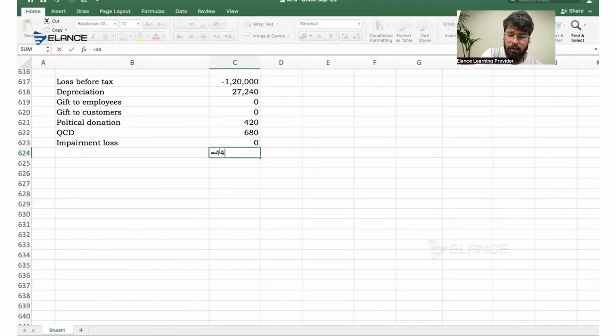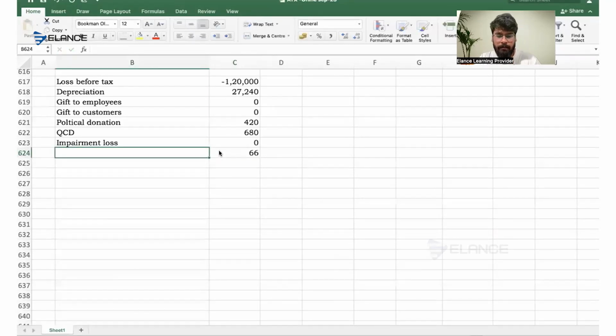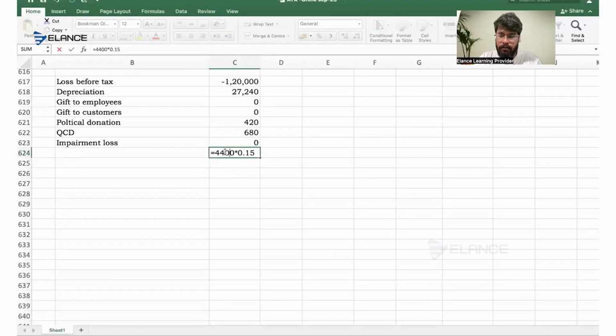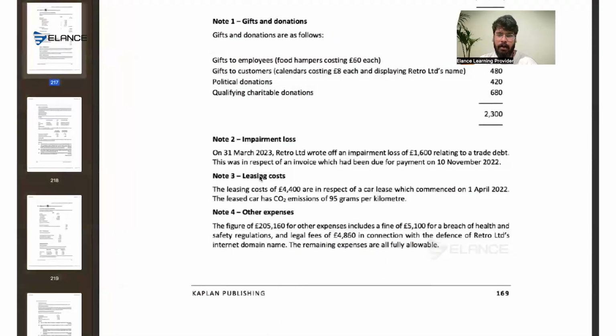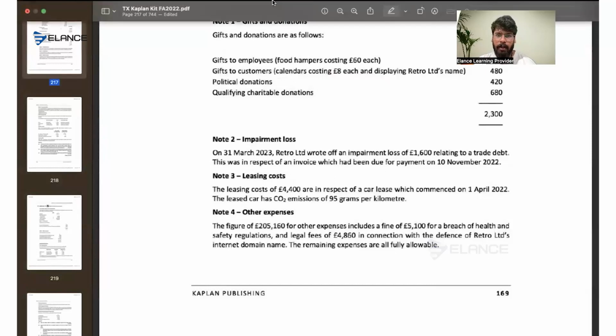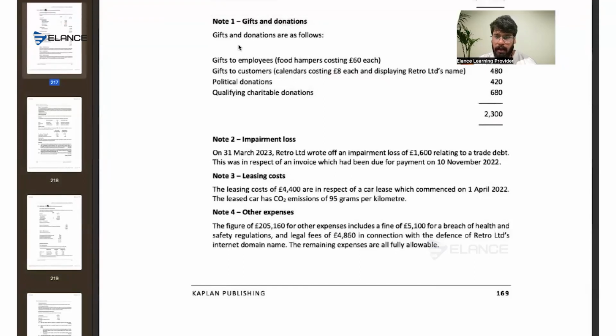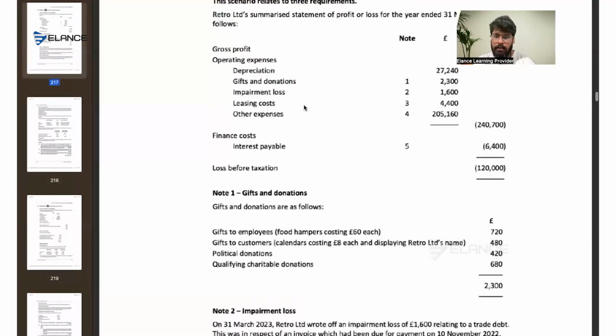Okay, so 4,400 into 15%, we should add back. Okay, added back that 15%.